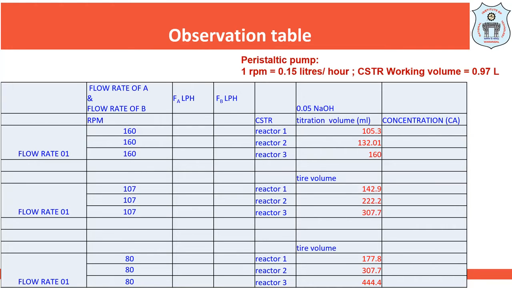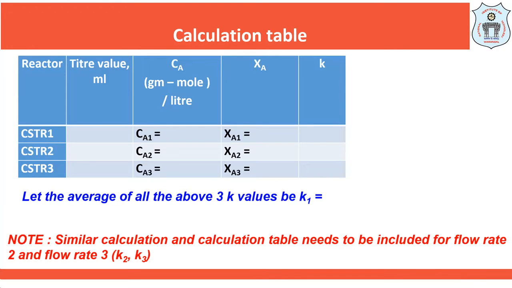Once you calculate the XA value and K value for CSTR 1, 2 and 3 for a given flow rate, the average of the K value has to be determined. Okay, the same calculation and calculation table needs to be made for all the 3 flow rates. I hope you will be able to complete that part.